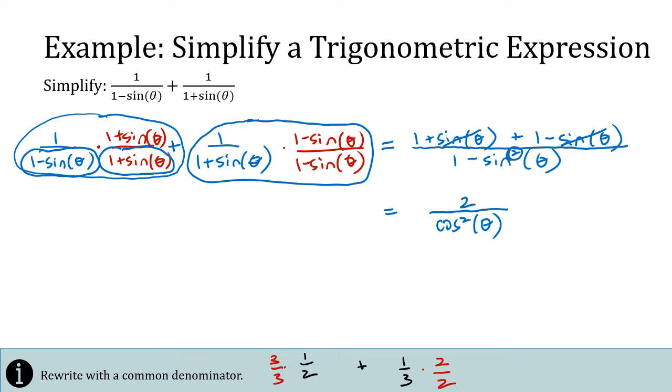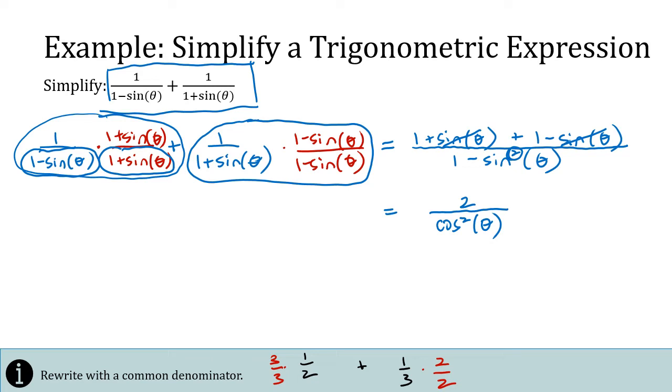So this is a big simplification. I can say that the original expression of 1 over 1 minus sine of theta plus 1 over 1 plus sine of theta has simplified all the way down to 2 over cosine squared theta.